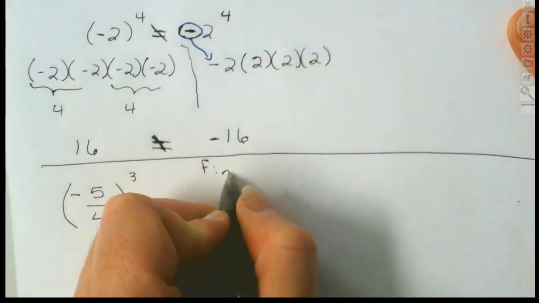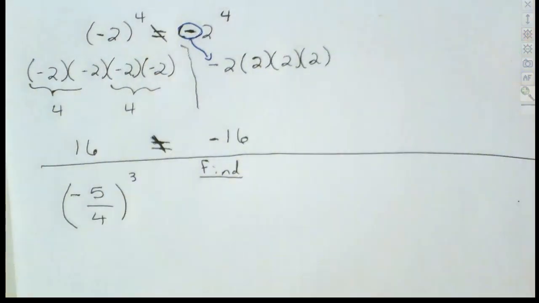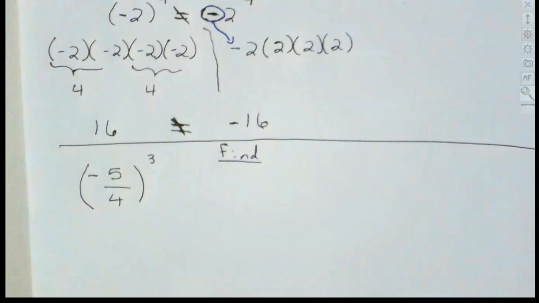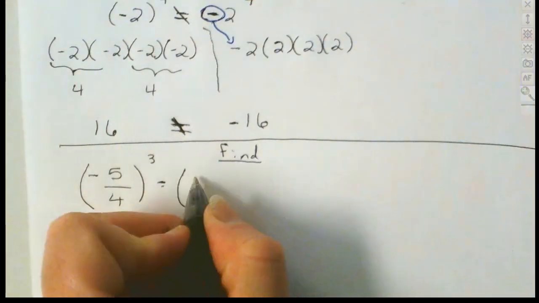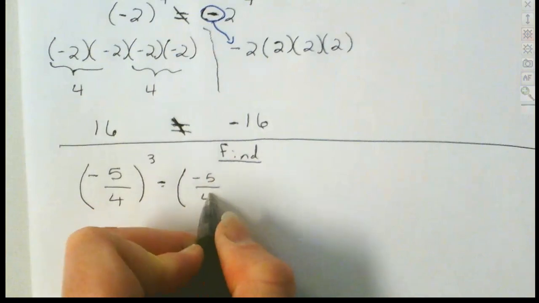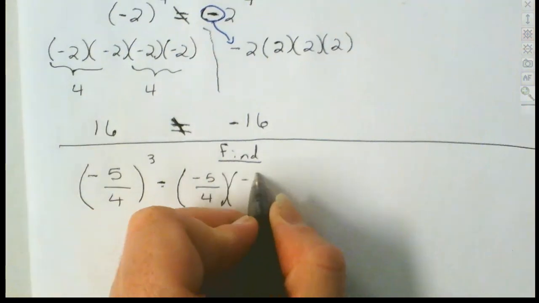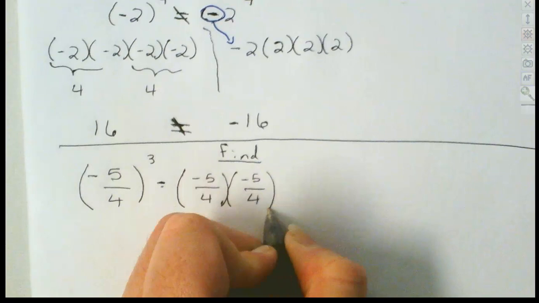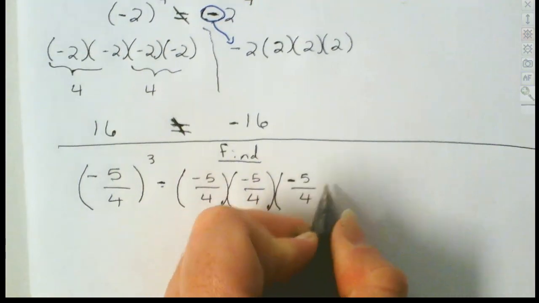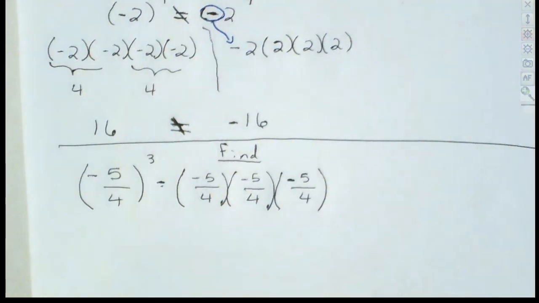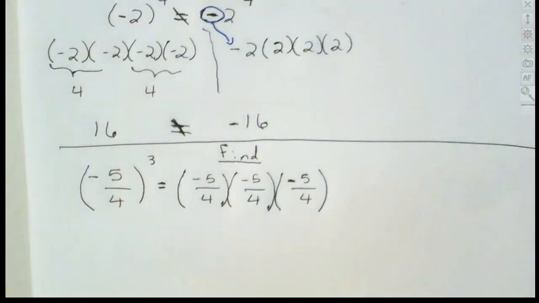If I have minus 5 over 4 to the third power, what we do is we write it out. You're going to write it out 3 times because that is your exponent.